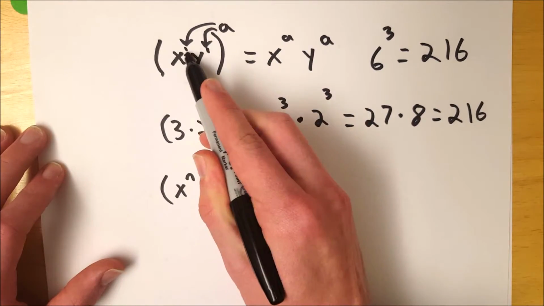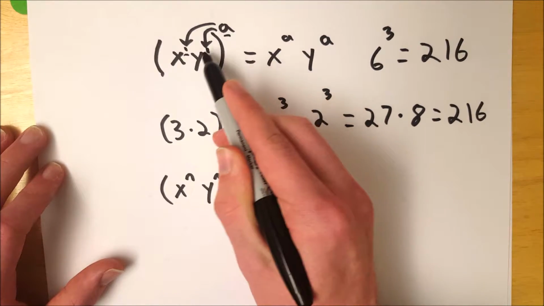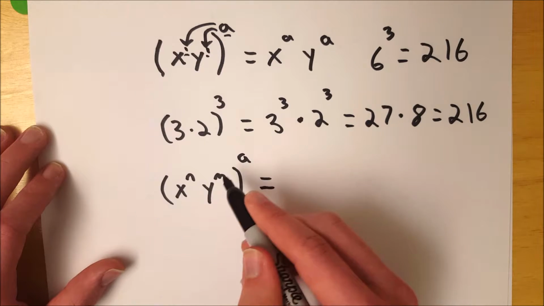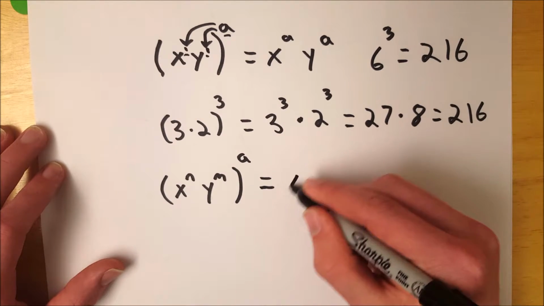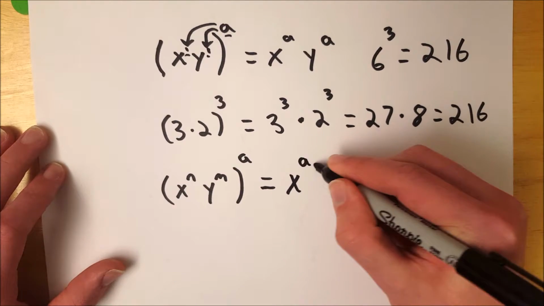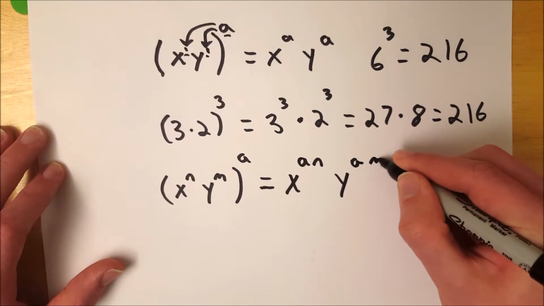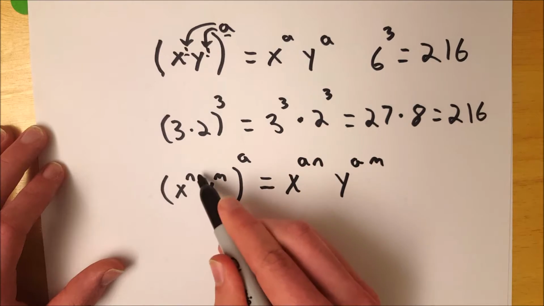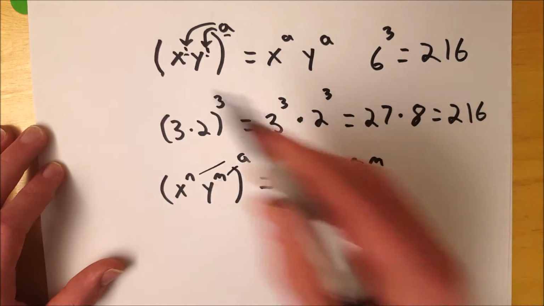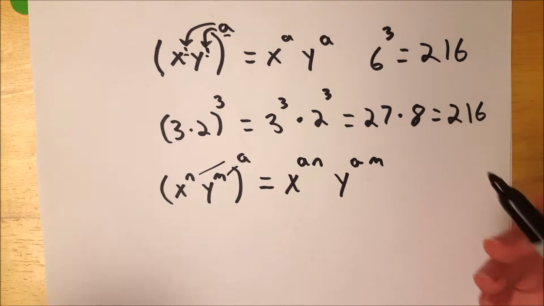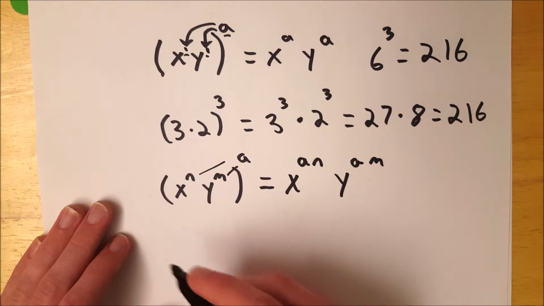This exponent times that exponent is a. So here you're multiplying a times n and a times m to give us x to the power of an multiplied by y to the power of am. So you're just multiplying the exponents, just like you do for the power rule for exponents.